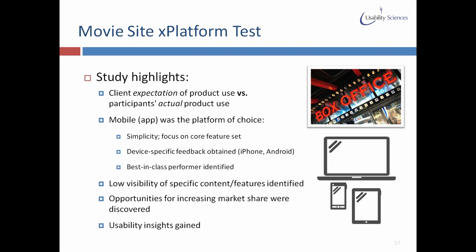In going through these sessions, there were some areas that were visible and others that were not. What this provided to the client was an opportunity to come up with some new strategies to gain additional market share and position themselves as a site that offers additional things beyond perhaps looking up showtimes and just purchasing tickets.